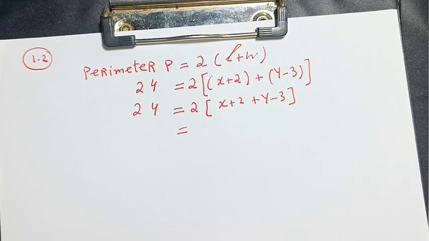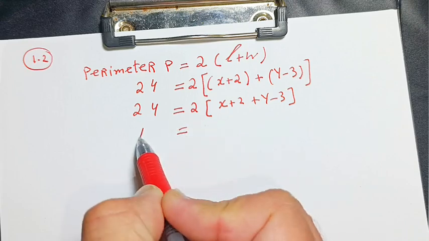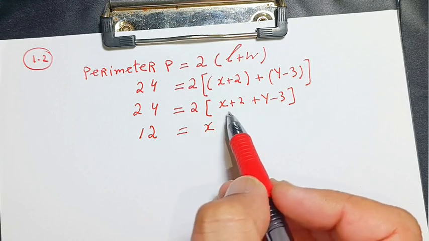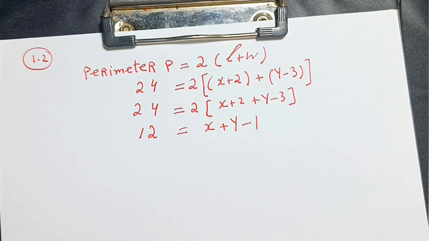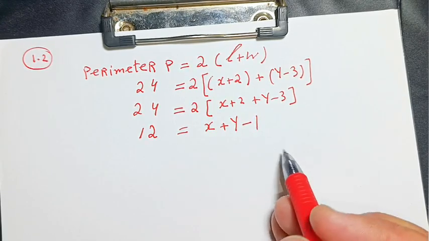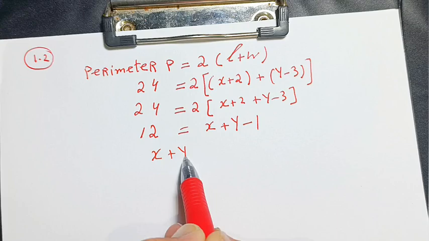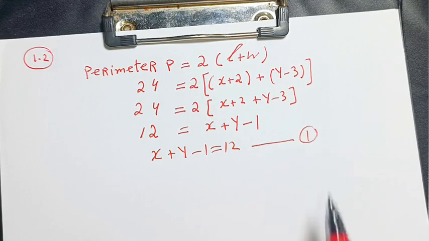Now I divide both sides by 2, so it's 12, and x plus y, I simplify negative 1. I can swap around, so x plus y minus 1 is equal to 12. This is my number 1 equation.